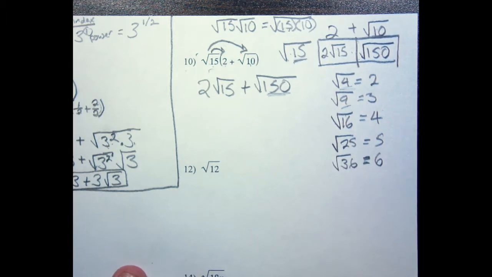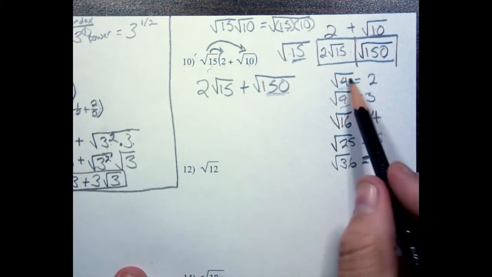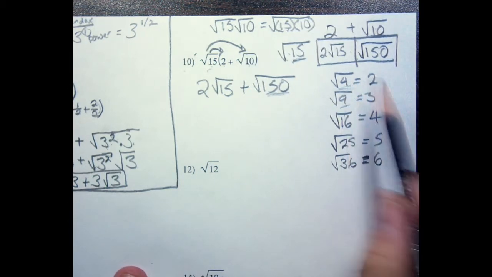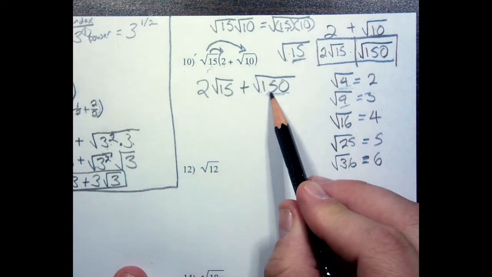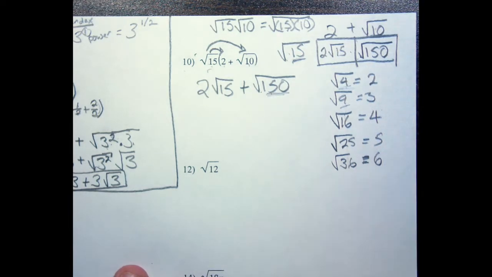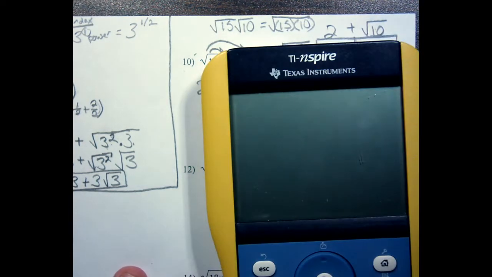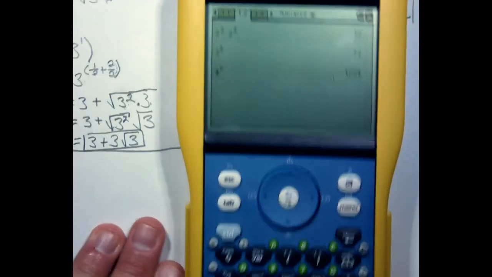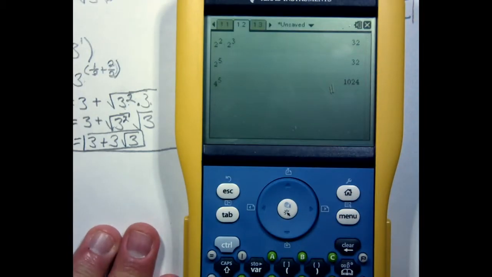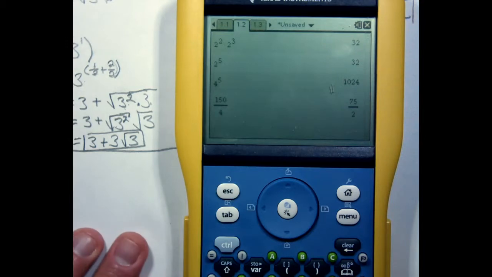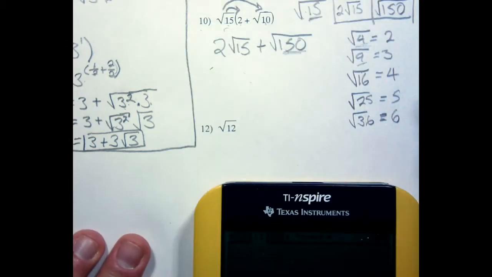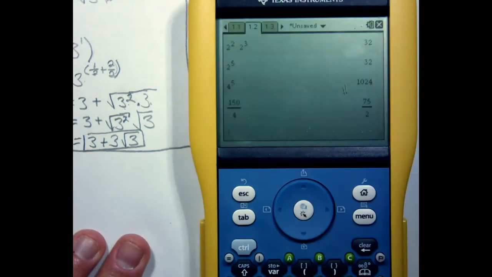Now, among all these numbers, does 4 go into 150? Let's see. I'm going to turn on my calculator and say 150 divided by 4. It doesn't go into it evenly because I have a fraction, so 4 will not work. Let's try 9.